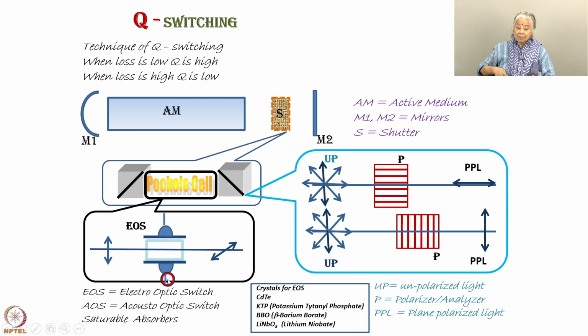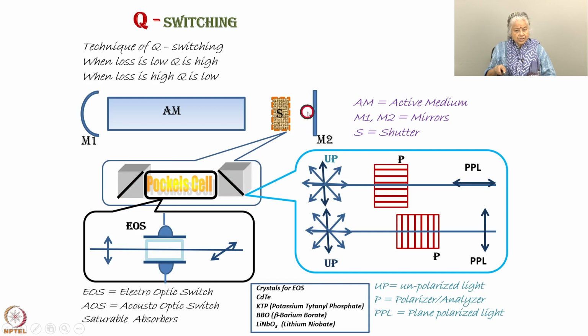So, now you have to apply a voltage to this electro-optic switch such that it rotates the polarization. When I begin, I have light coming into this medium. It comes to the shutter, that means it comes to this polarizer, and it gets polarized. The Pockels cell is not on, no voltage is applied, and this polarizer is crossed with this, so it does not allow the light to pass through.